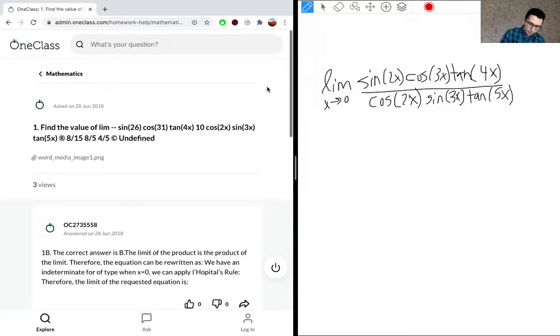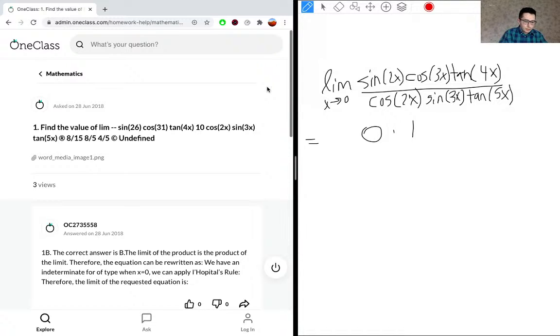So let's say we just substitute in 0 for everything, and we just evaluate it the normal way. We would get the following. Sine 0 is just equal to 0, and then cos 3x, so cos 0 would equal 1. So we have 0 times 1.